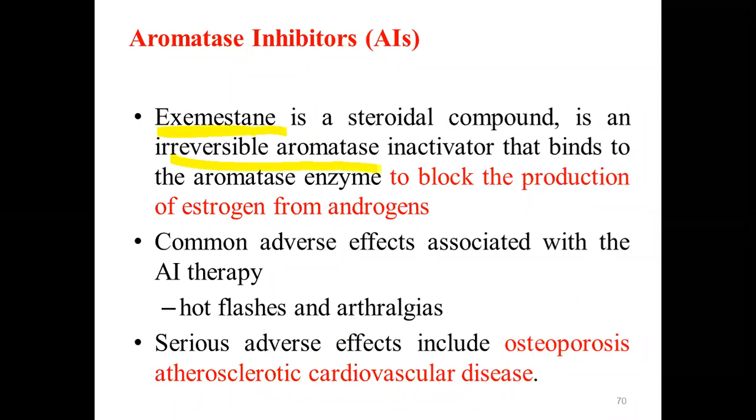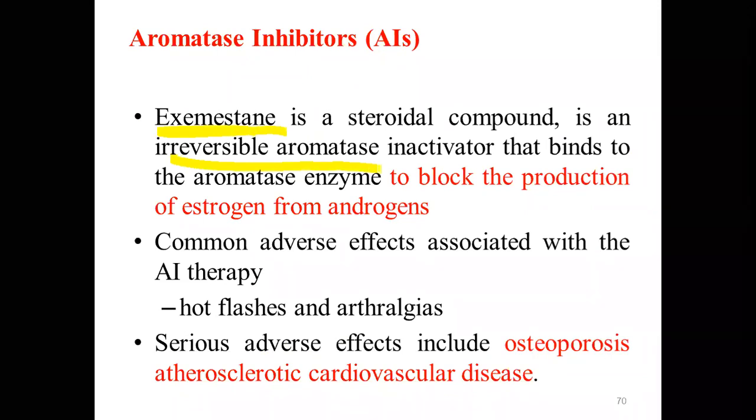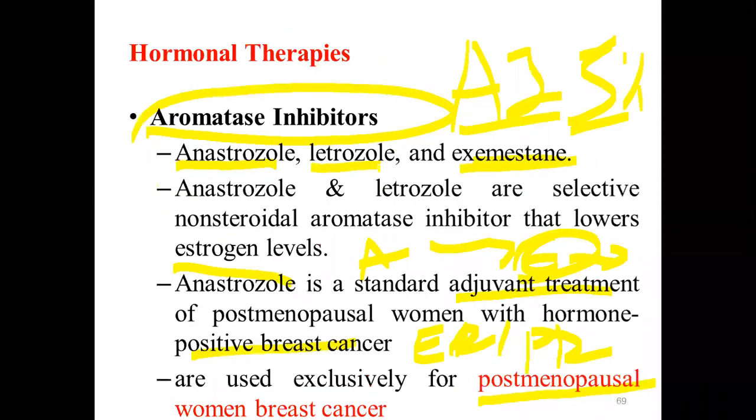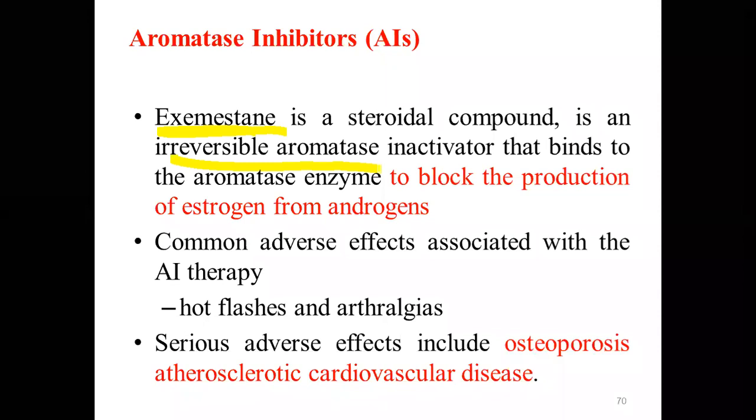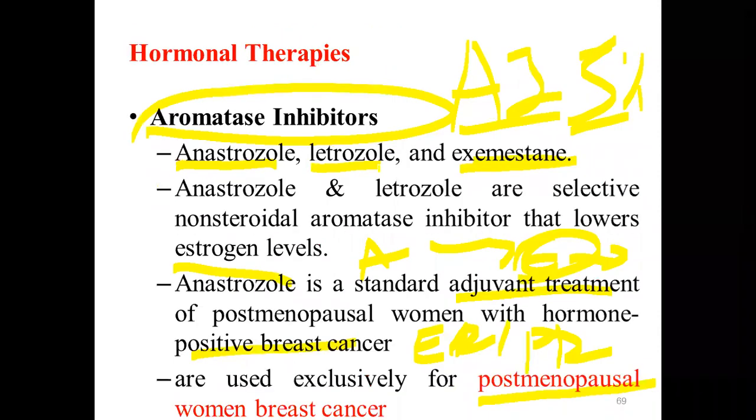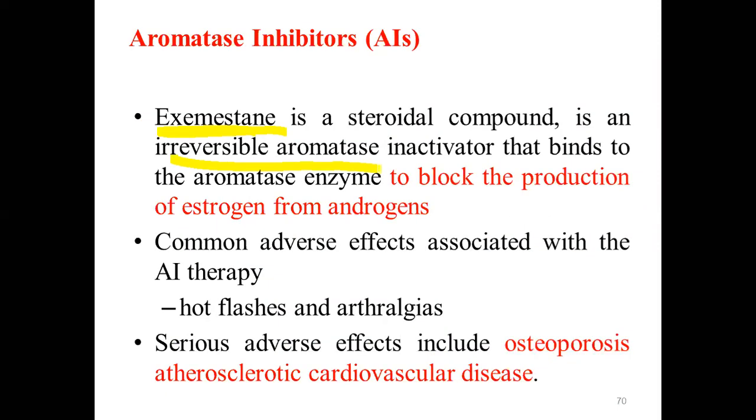By the way, despite it being an irreversible inhibitor of aromatase enzyme, according to comparative studies there is no difference in the outcome of the breast cancer between a non-steroidal aromatase inhibitor and a steroidal aromatase enzyme inhibitor. So we can pick any depending on availability, but this one is the most widely available.